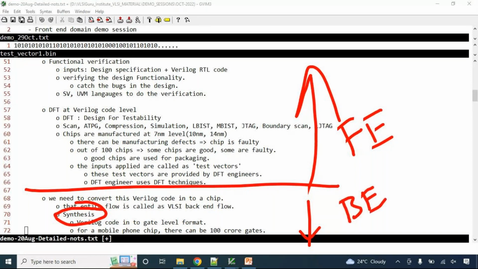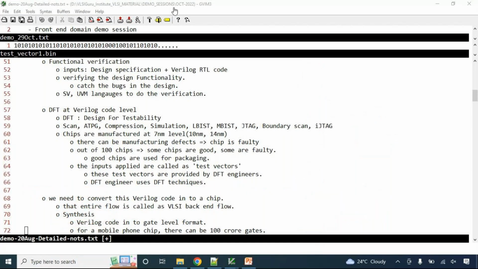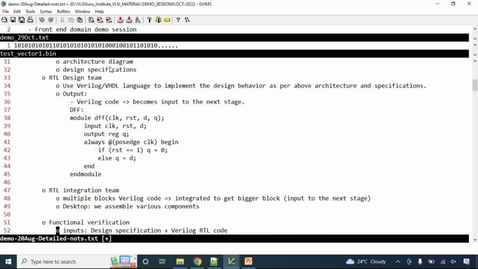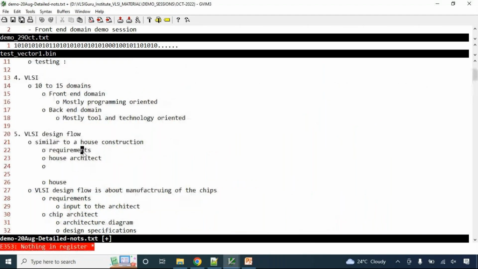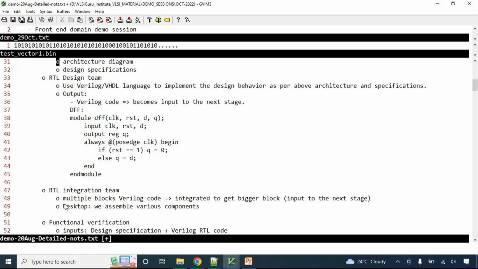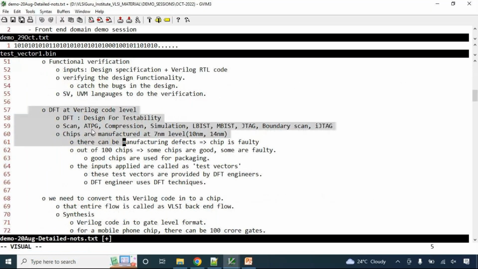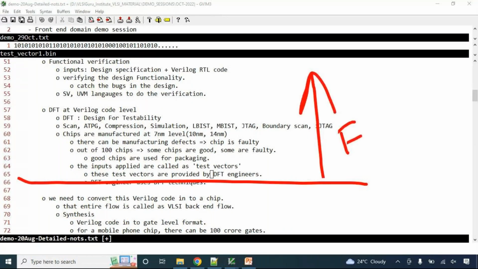Once again: you started with specifications and requirements. Till the time we do DFT at Verilog code level, this all constitutes the front end domain. Starting from synthesis till packaging, till you package the chip.